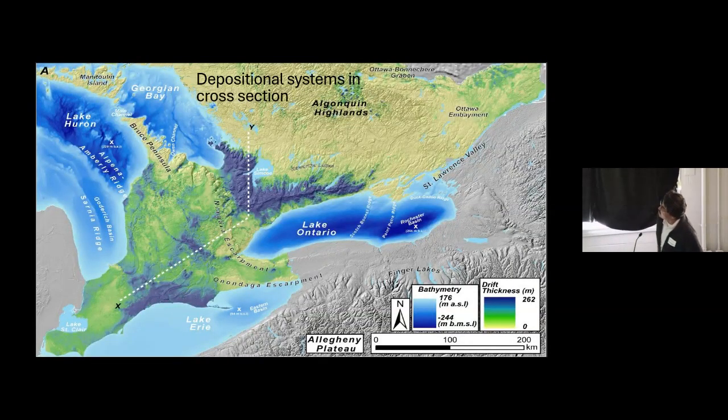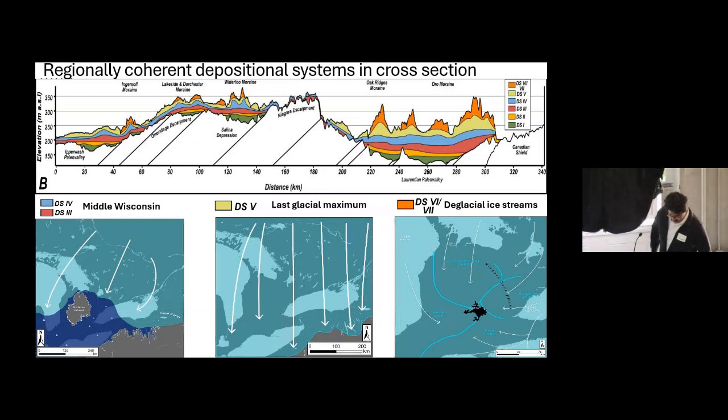I'm just going to revisit this last slide to summarize things very quickly, and show you a cross-section of these depositional systems across southern Ontario. We'll be starting near the Ipperwash Valley, where X is, and moving through towards Y. A few key things to note here.